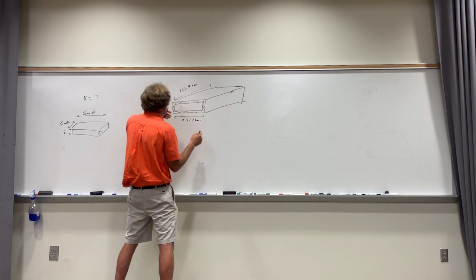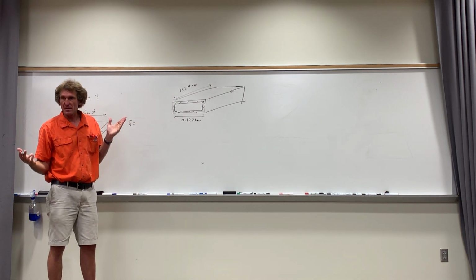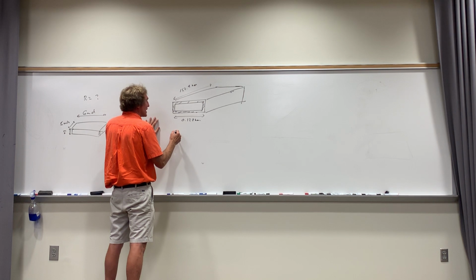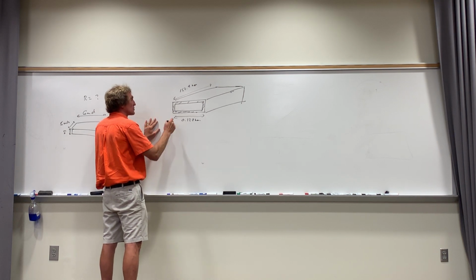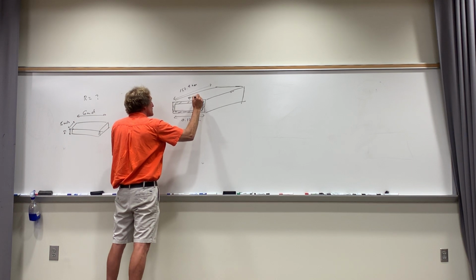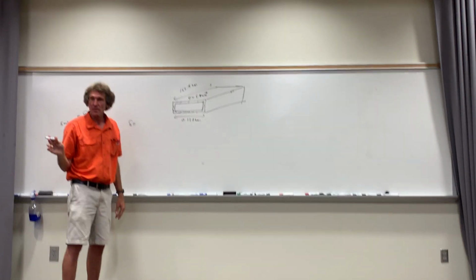Now we're gonna ignore these dimensions here because they're so small, they're insignificant. The next thing is we'll calculate the resistance, and this is assumed copper, so conductivity is 5.8 times 10 to the 7th, isn't that right, class?